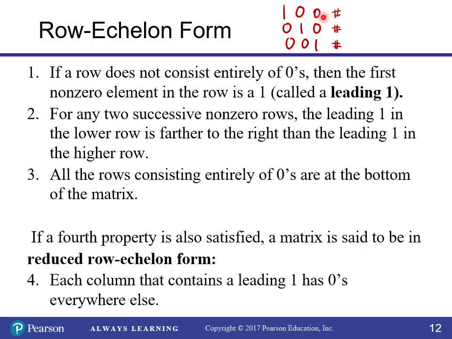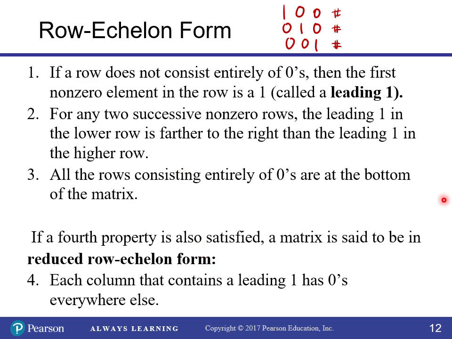But that just takes a few more steps to get zeros in each of these places, where once you solve this one, it's pretty easy just to plug them back in. So most of the time, people will just do the row echelon form and not go all the way to the reduced row echelon form, but it's really up to you how you want to solve it.